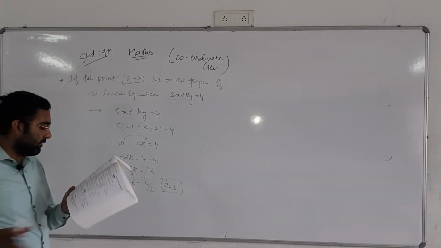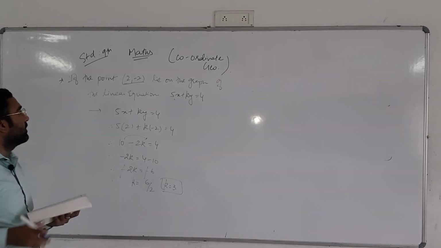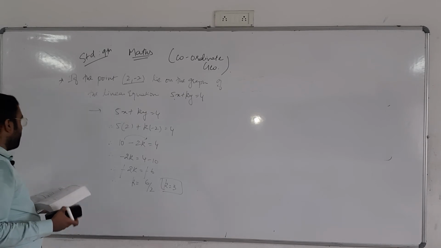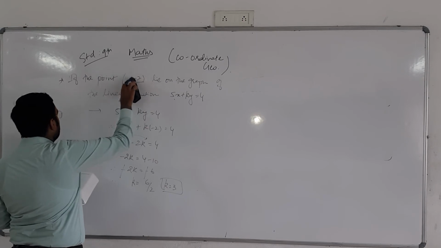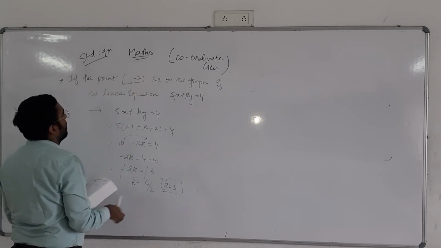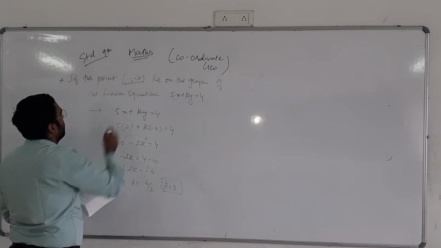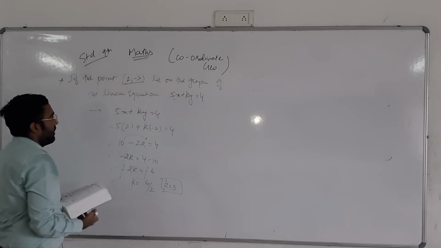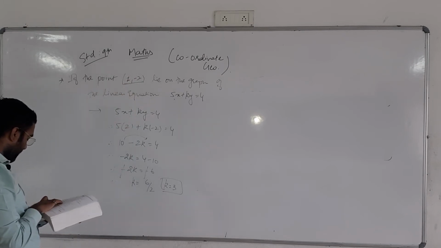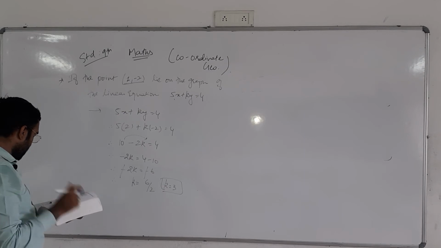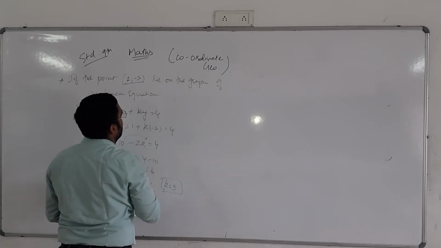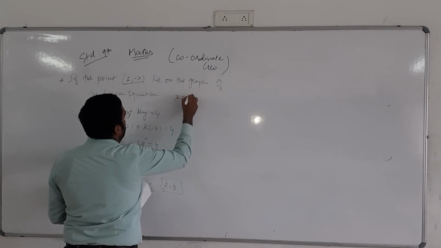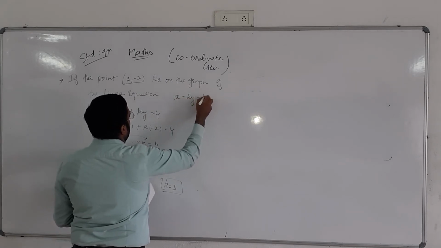Find the value of k for which the point 1 comma minus 2 lies on the graph of the equation x minus 2y equal to k.